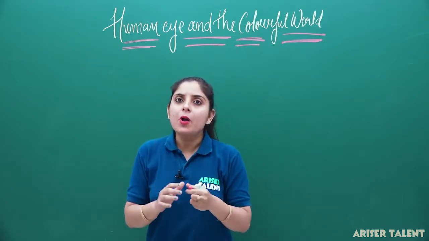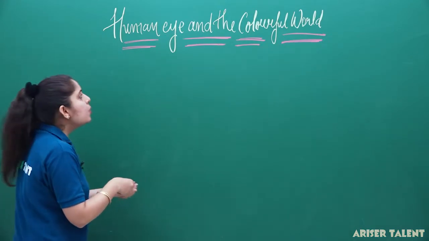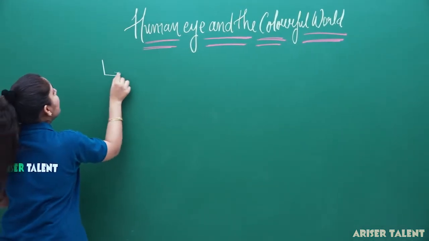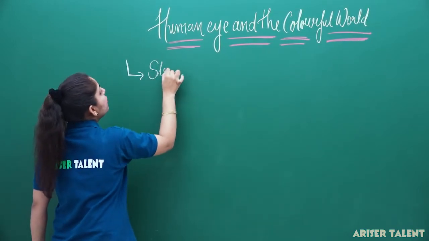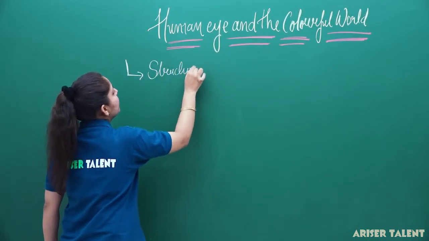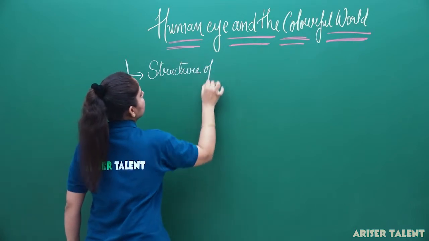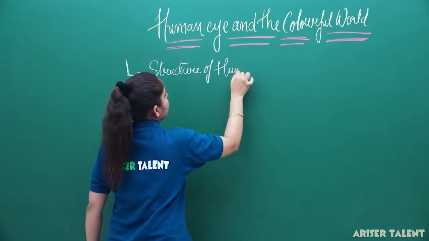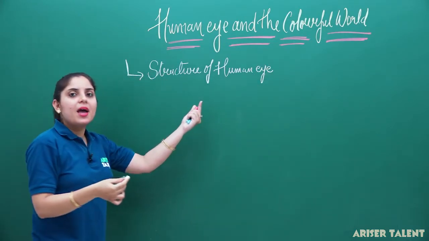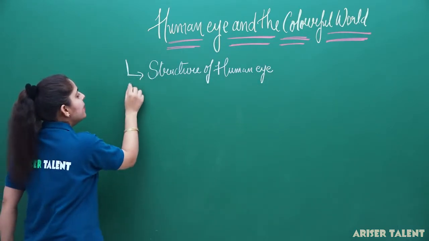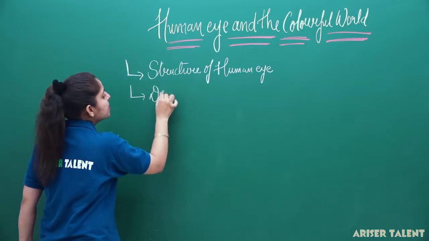So what you have to study in this chapter, let's do a quick simplified revision. Firstly, you have to deal with the structure of the human eye. If the human eye has various parts, then it also has some defects.